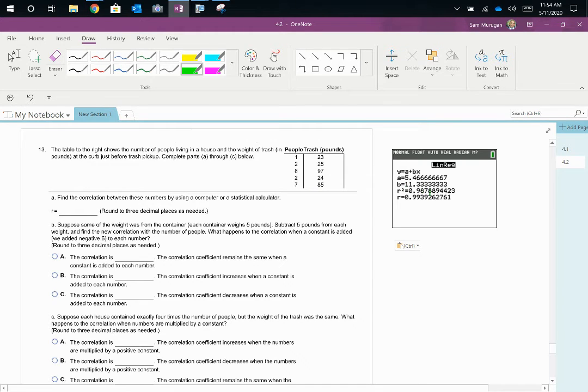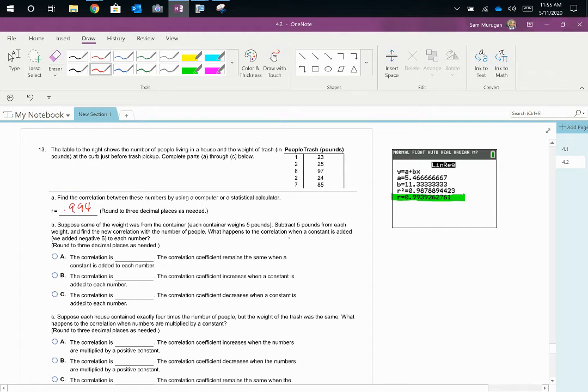They want it to 3 decimal places, so 0.994. Okay, and now the question continues. Suppose some of the weight from the container, each container weighs 5 pounds. Subtract 5 pounds from each of the weights and find the new correlation coefficient. What happens to the correlation?